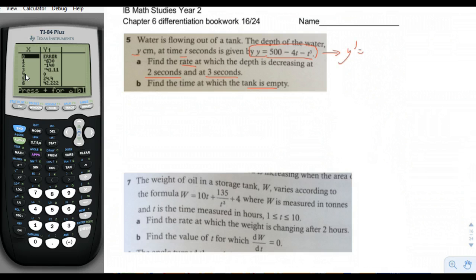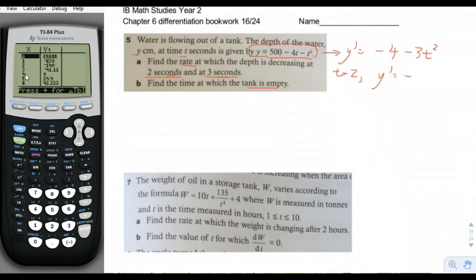It would be y prime equals 500, derivative of 500 is 0. Derivative of negative 4t is negative 4. Derivative of negative t cubed is negative 3t squared. Okay, and then find the rate at which the depth is decreasing at 2 and at 3. So t equals 2, what is y prime?